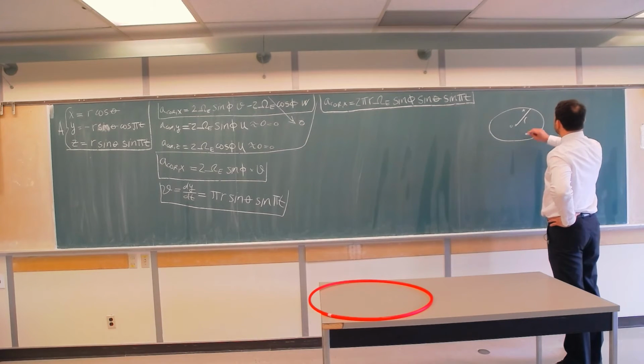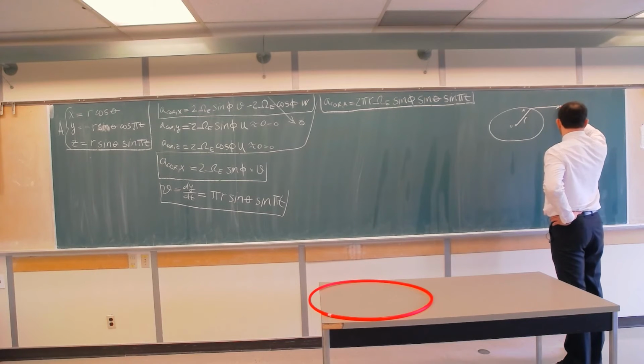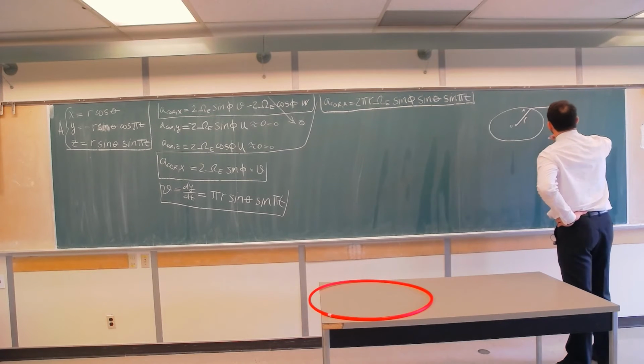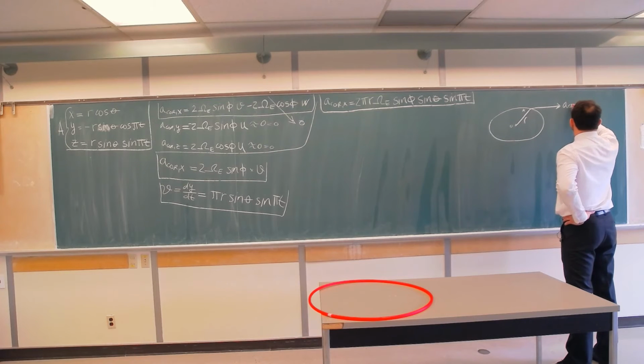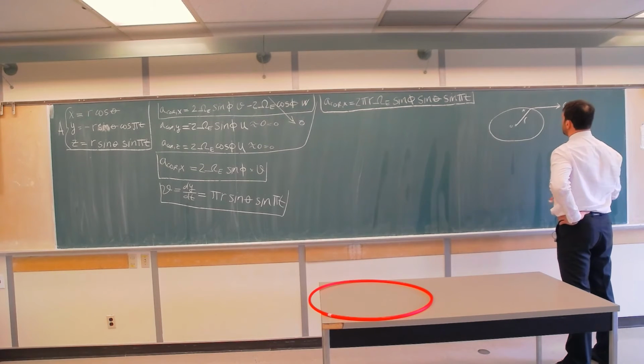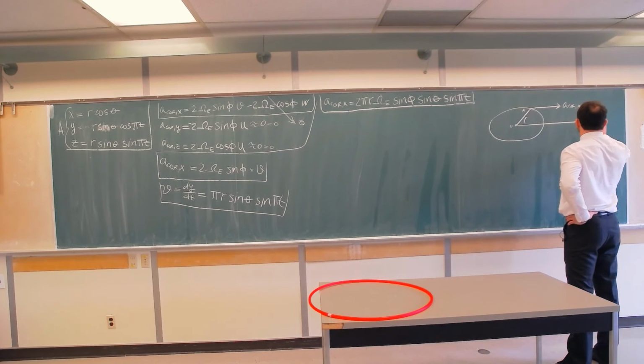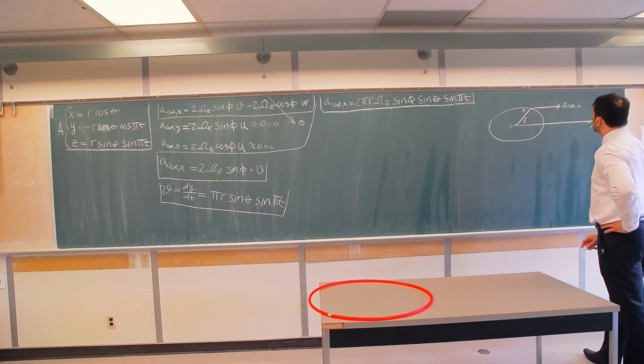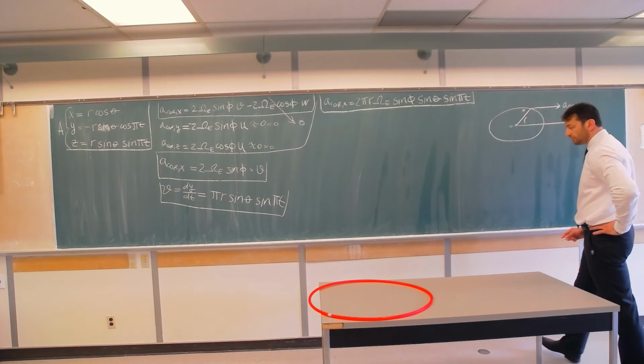What we just calculated is that there is this Coriolis acceleration, A Coriolis, in the x direction, because this is the x direction positive to the east.